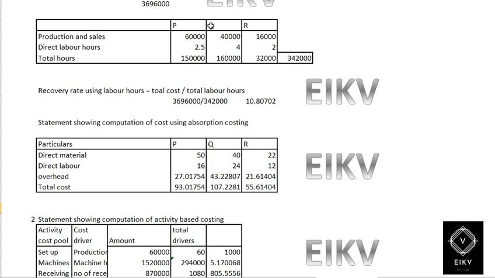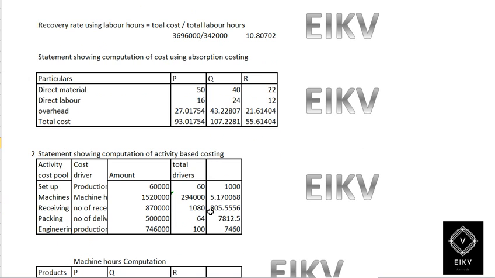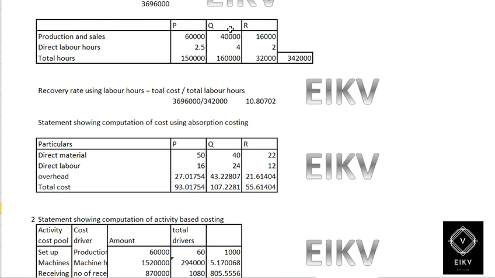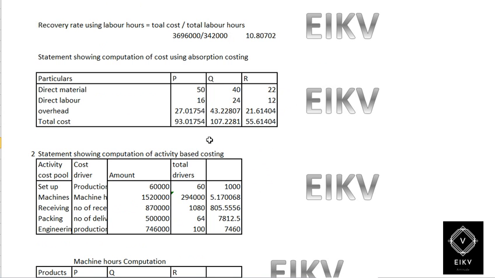Therefore 10.8 multiplied by 2.5 will give 27. The same way, 10.8 multiplied by 4 will give 43, and 10.8 multiplied by 2 will give the overhead of product R as 21. Therefore, taking the total, 93 for P, 107 for Q and 55 for R.